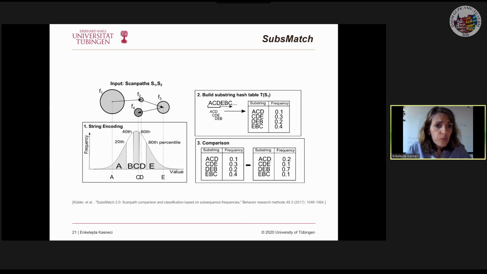We still employ some string encoding, which is frequency based, and then we search for sub-patterns in the encoded scan path, denote their frequency, and reduce the problem of scan path comparison to the comparison of their substrings.